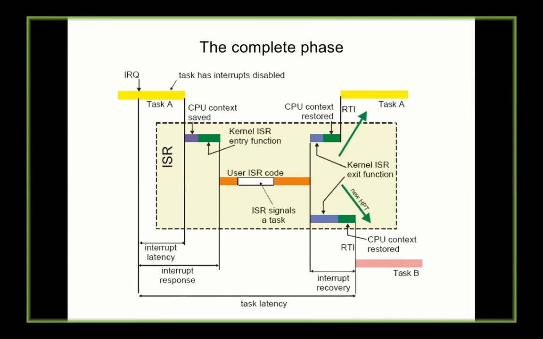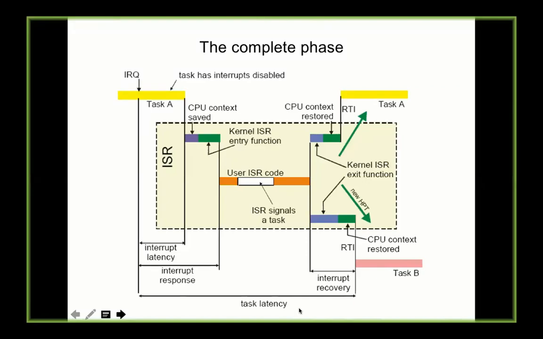So if nothing, at least an idle task runs. So a task is running, and when the event arrives, what is the amount of time it took to start servicing the interrupt? Okay, which is the example of an interrupt response. So first we'll talk about interrupt latency, then interrupt response, then interrupt recovery, then task latency.